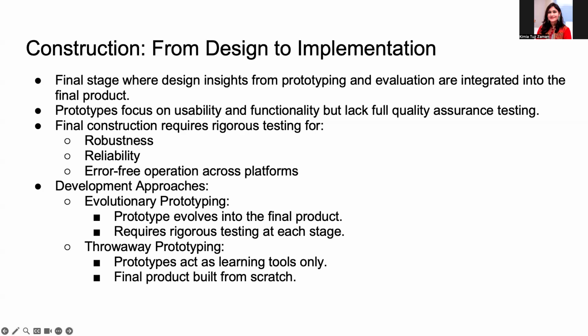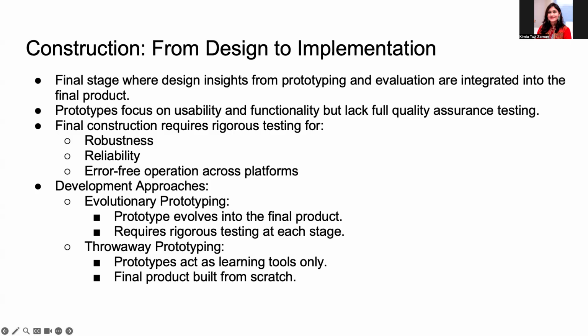They are often limited in terms of error handling, performance optimization, and compatibility. Constructing the final system requires addressing these gaps through extensive quality testing, ensuring the product performs reliably under varied conditions and for a large user base.